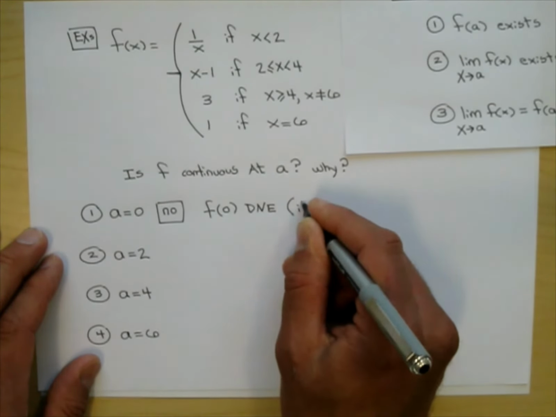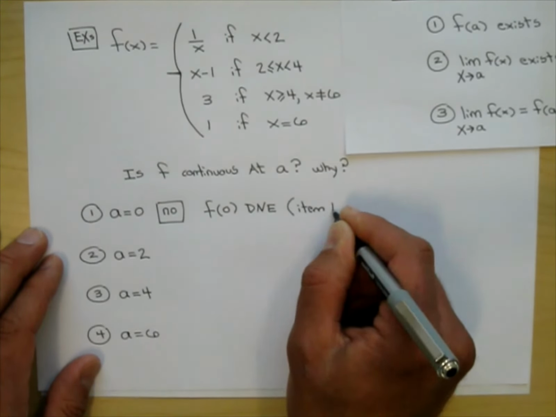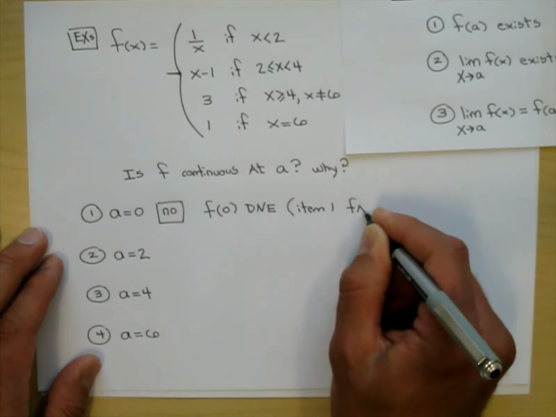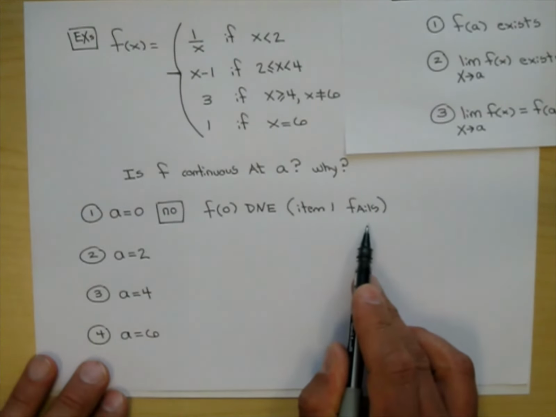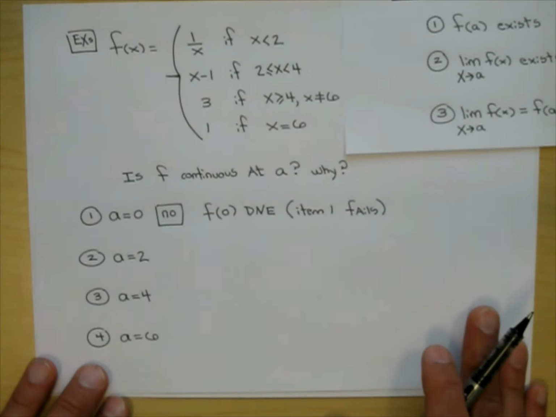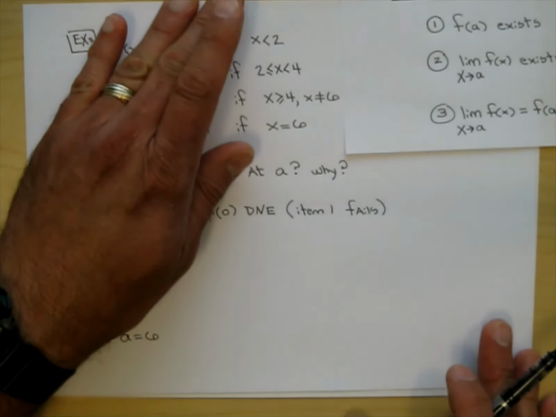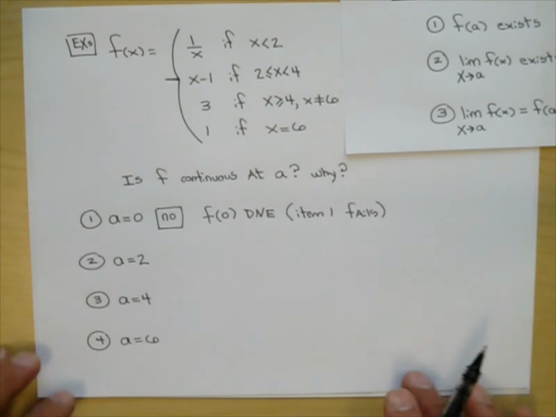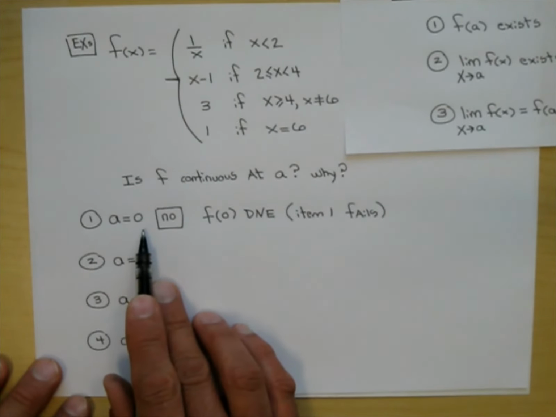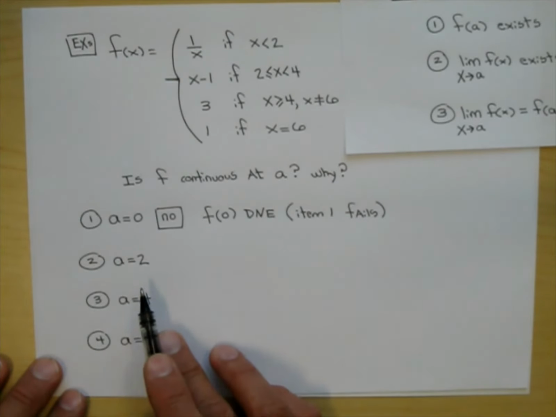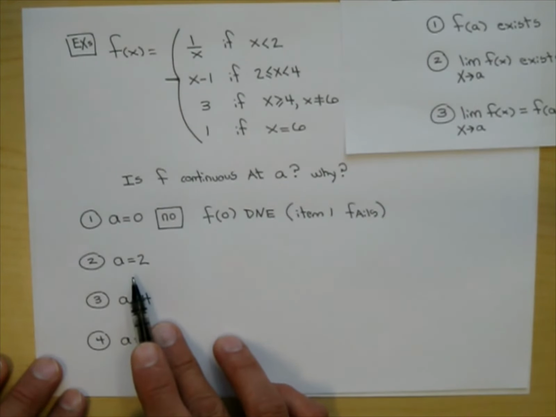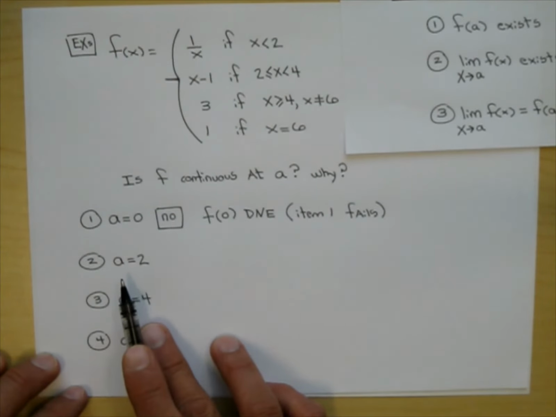So you could even say that item 1 fails. That is a word you usually don't want to write on an exam, fails, because you feel like you might be jinxing yourself. But item 1 does fail. The function does not even exist at 0. So maybe that should be the first thing we do with each of these, to see if the function exists.